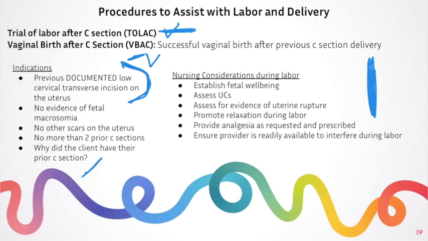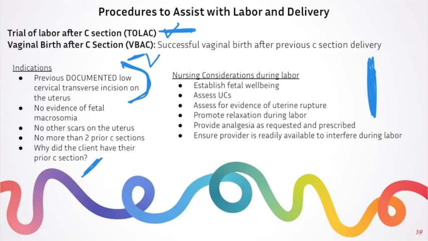Why did your patient have the C-section? You can have C-sections for fetal reasons and maternal reasons. If fetal reasons, breech, cord prolapse, fetal intolerance to labor, things that are only associated with the fetus. When that baby is delivered, those issues go away, right? Or was it a maternal reason?